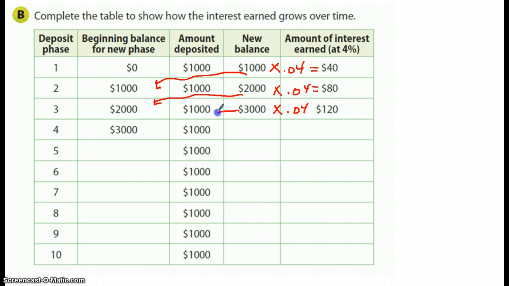So then the 3,000 comes here, and just to help you out with this one, 3,000 plus 1 will be 4,000 times 0.04 will give him $160, and that's in interest. So go ahead and stop the video and see, can you complete the table for me, and come back when you're done.